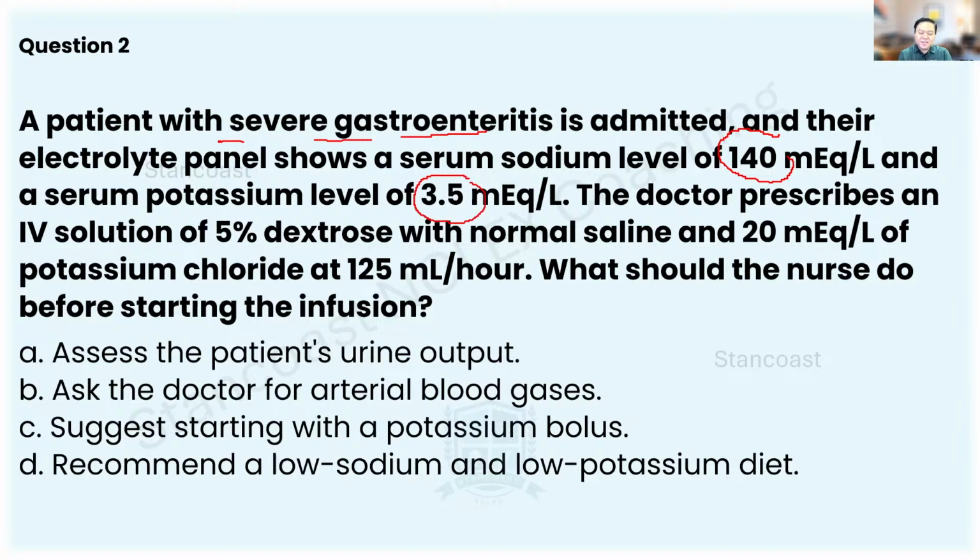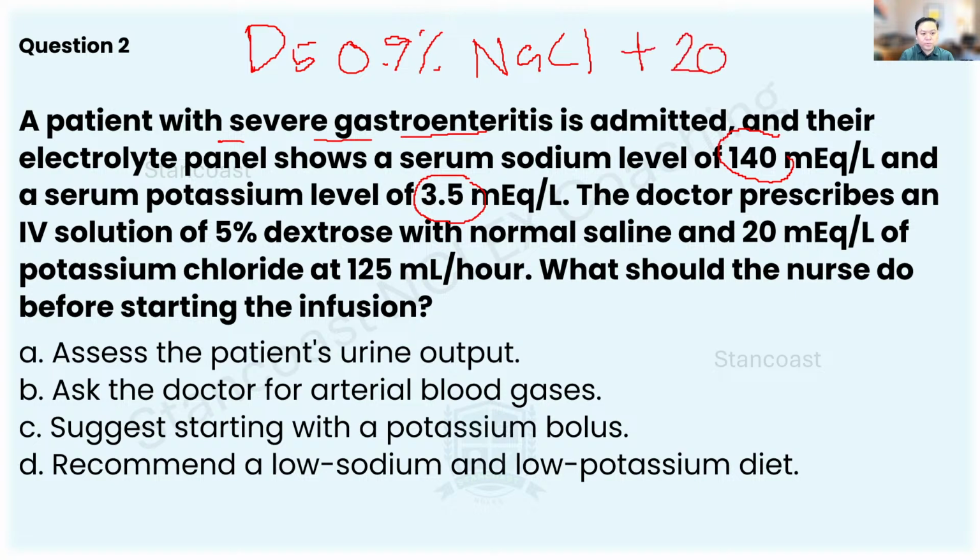But in this scenario, you are about to administer an IV fluid of D5, so that is dextrose, with normal saline, 0.9% NaCl, plus it has 20 milliequivalents of potassium in it.